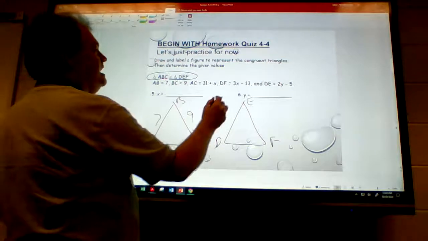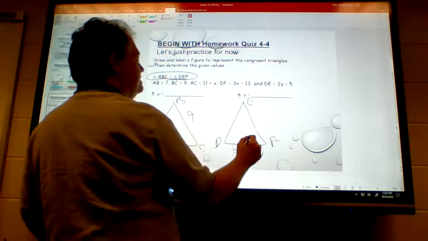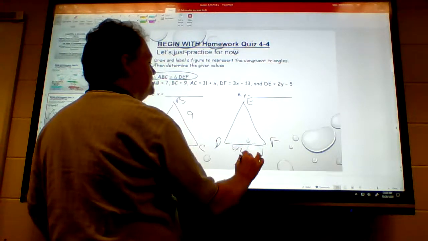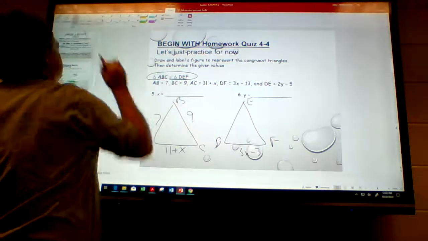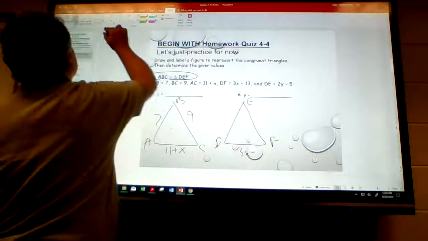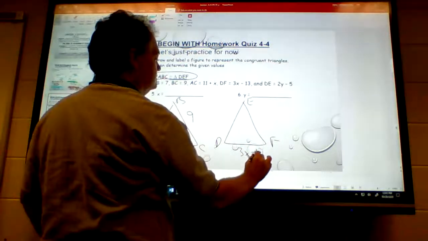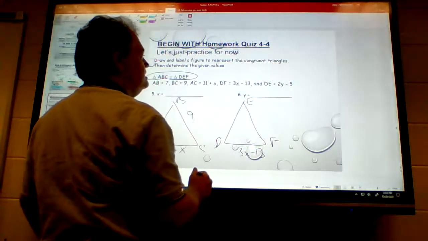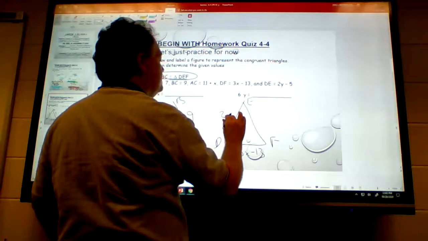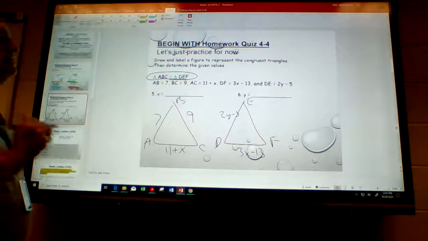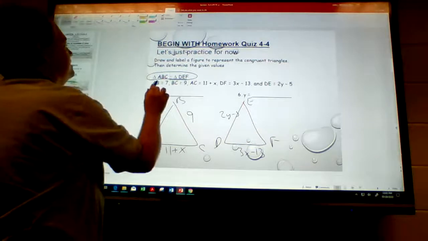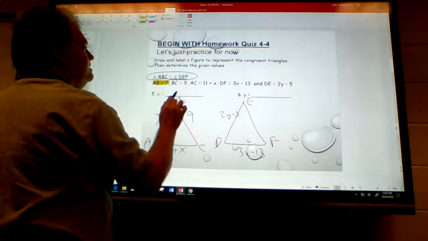All right. Now, I know that DF, which I have right here, is 3X minus 13. Let me rewrite that. And DE is 2Y minus 5. Now, we look at the diagram, but you got to look right here. And I want to show you right here. So AB is 7.